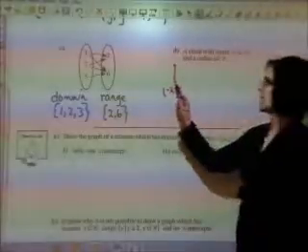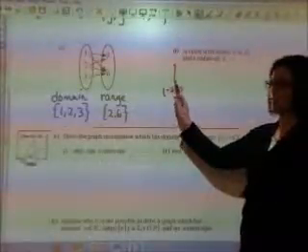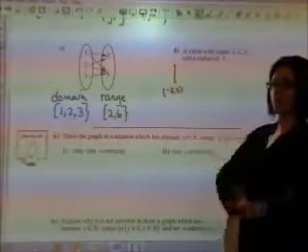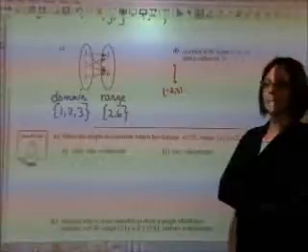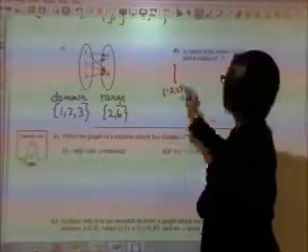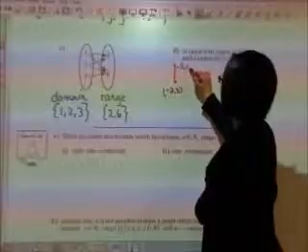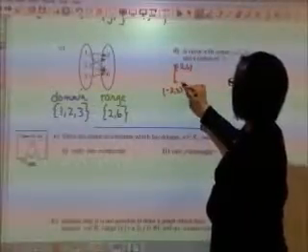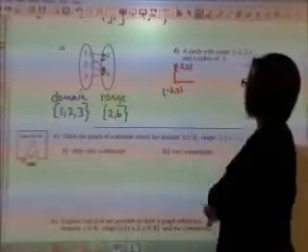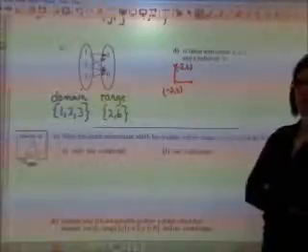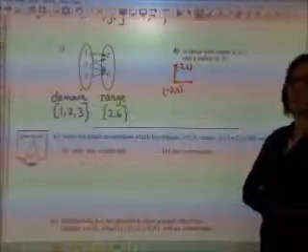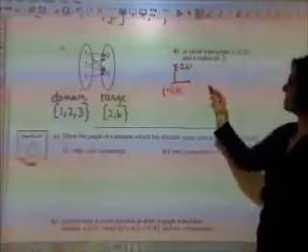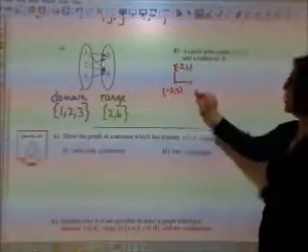What would that point be? If I'm at (-2, 3) and I move up 3 units, where would I be? (-2, 6). If I move to the right 3 units, where would I be? No, to the right, this way. So (1, 3).